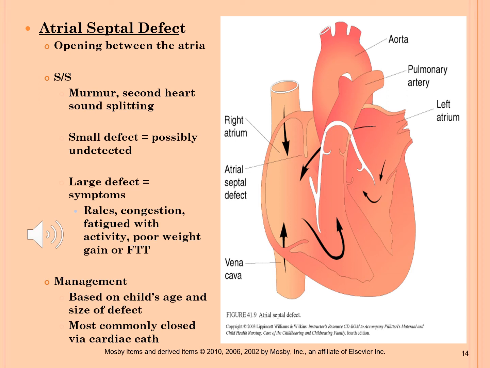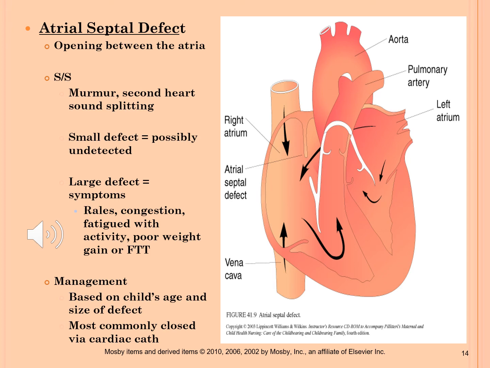So again, think about those questions we ask in the health history when talking to parents about what symptoms they have noticed. This is the baby who's not gaining weight on the growth chart, who's tuckering out during feedings and isn't able to finish them, maybe having congestion or what seems like upper respiratory infections or symptoms of an upper respiratory illness, right? It's because there's pulmonary overcirculation, increased pulmonary blood flow.